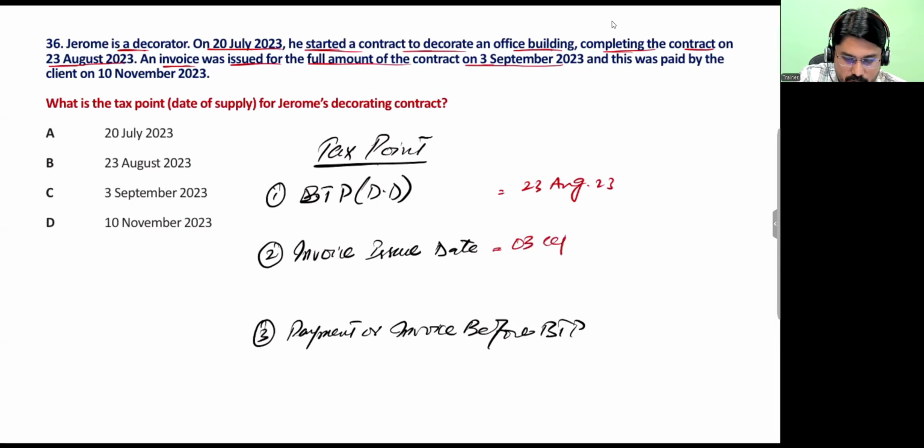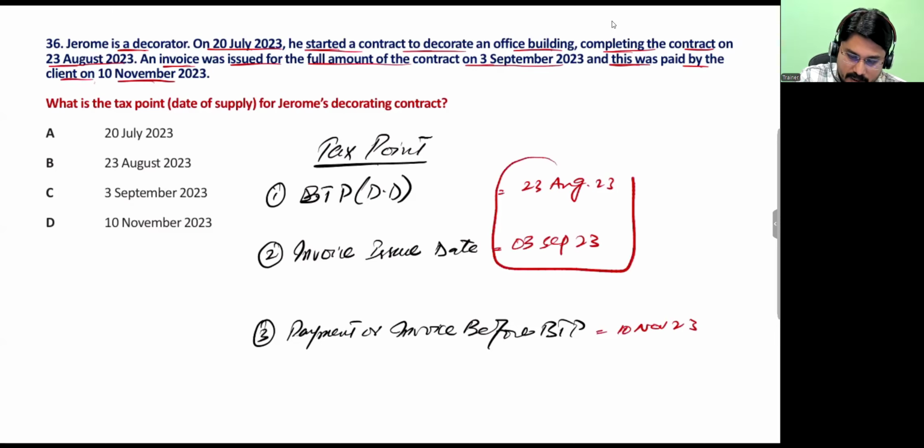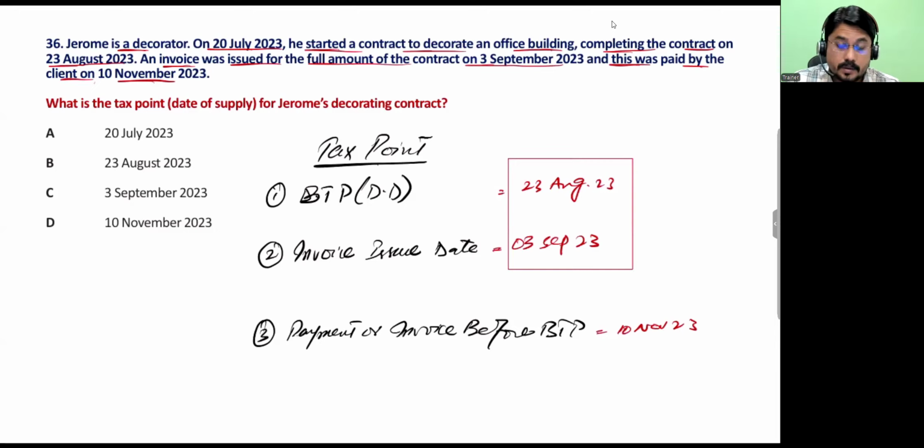So there's an invoice issue date, 3rd September 23, and this was paid by the client on 10th November 23. Okay. And here is also a relation of 14 days between the basic tax point and the invoice issue date. Normally the basic tax point is that date when you completed the contract, when you delivered the goods or rendered the services, and this date is 23rd August 23.